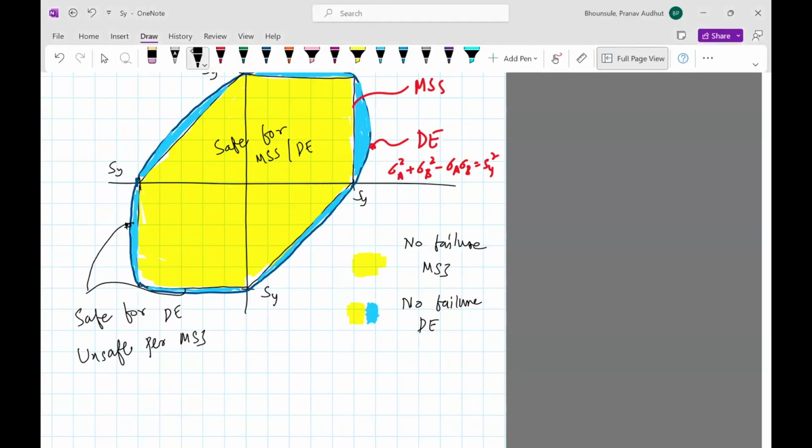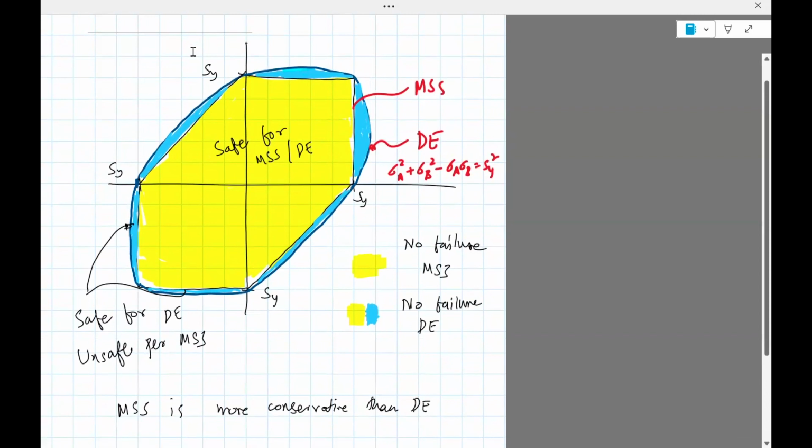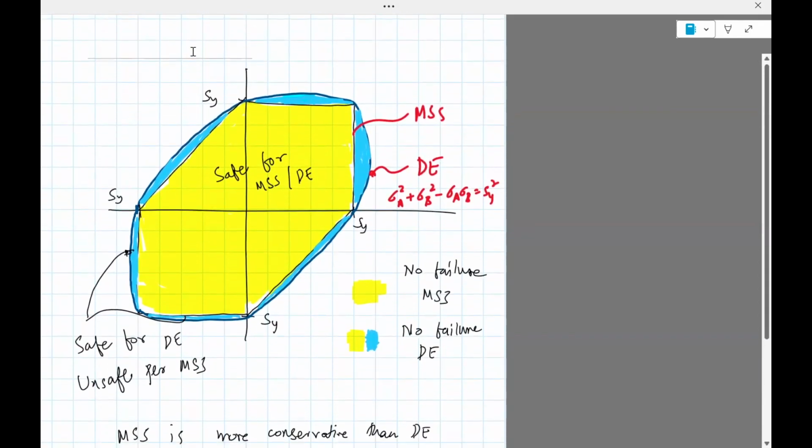We can conclude that MSS is more conservative than DE. It's a very small region, right, as you can see, but it is more conservative. That is, MSS will let you choose a smaller stress, right?